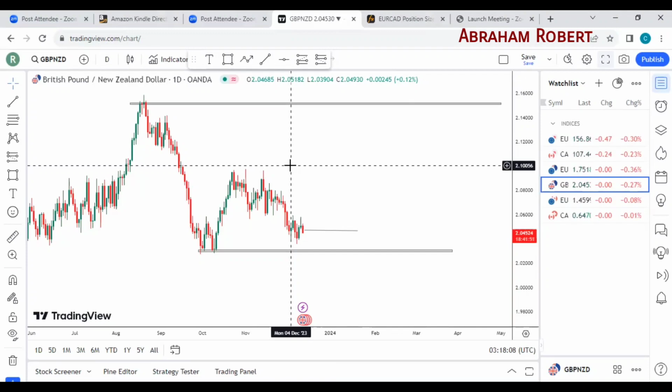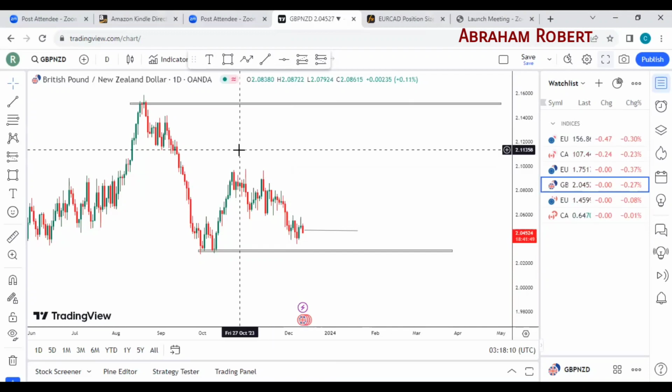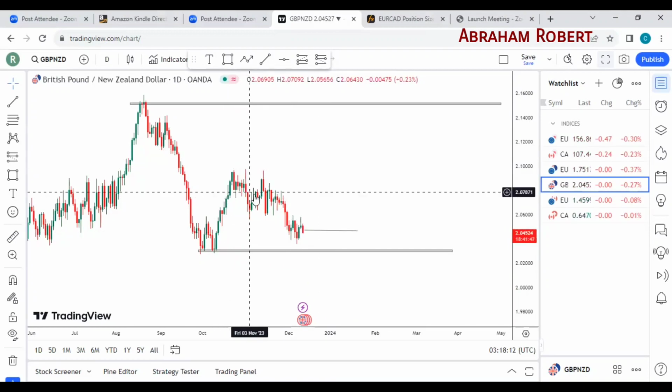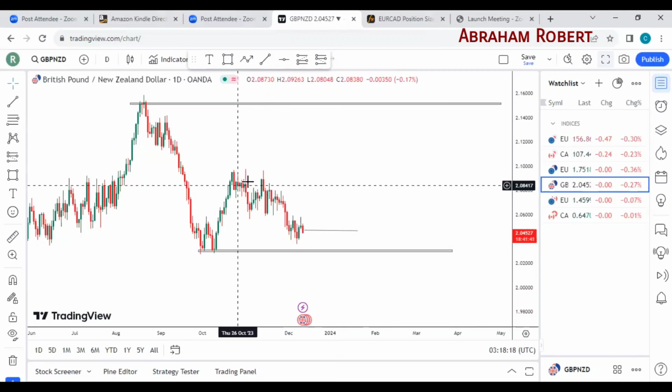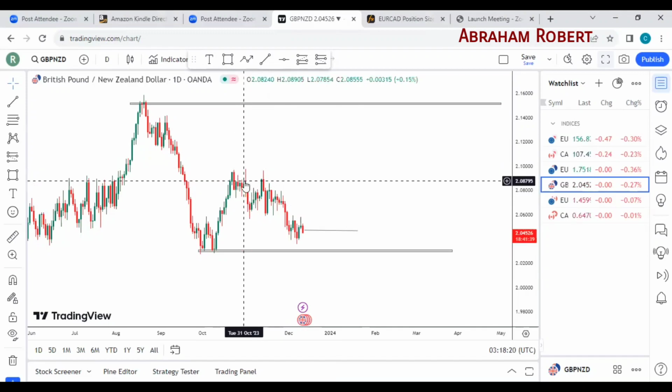That is a very good part of calculating your position size. In the last example, we wanted to short. It was a bearish market.